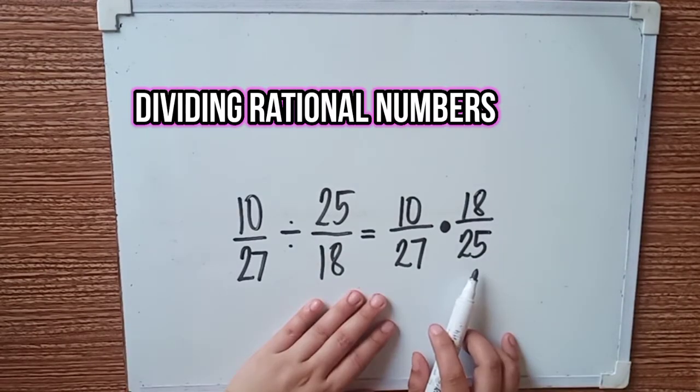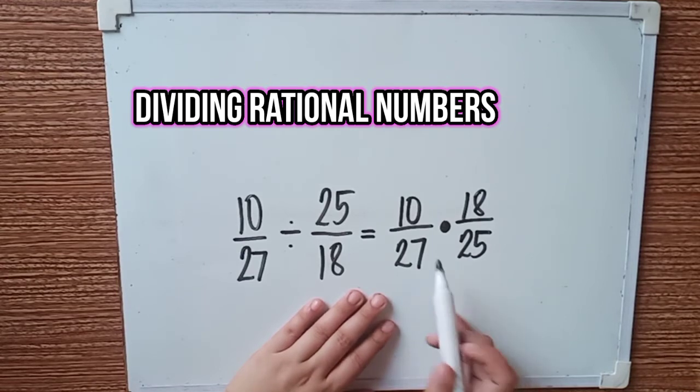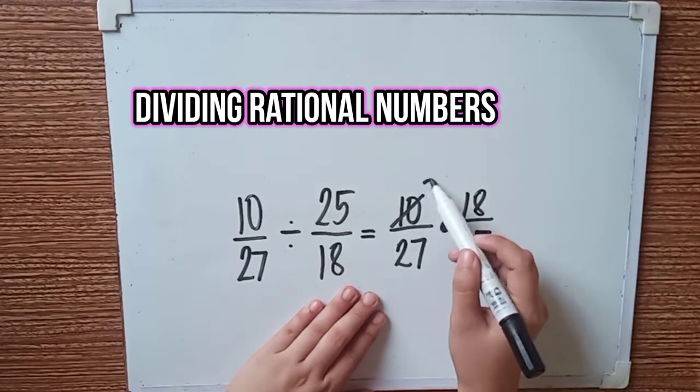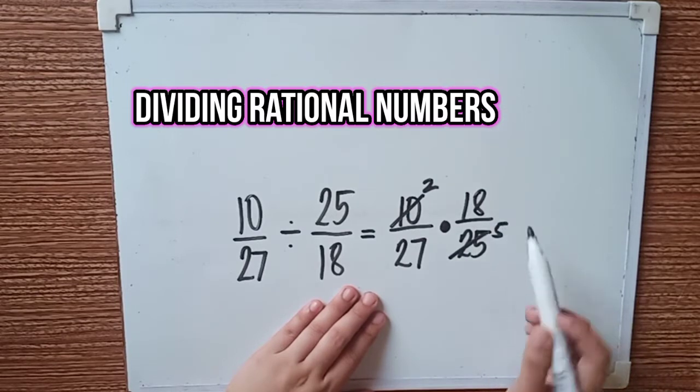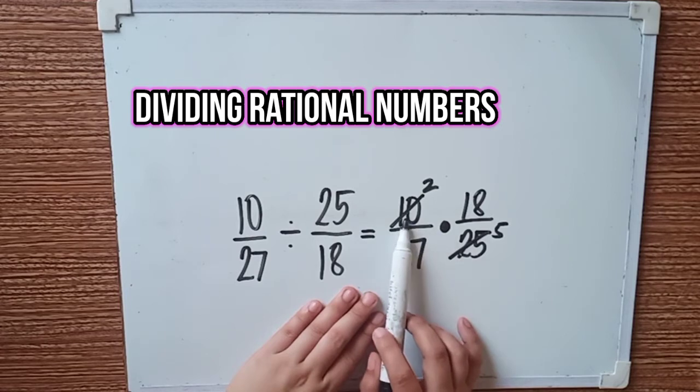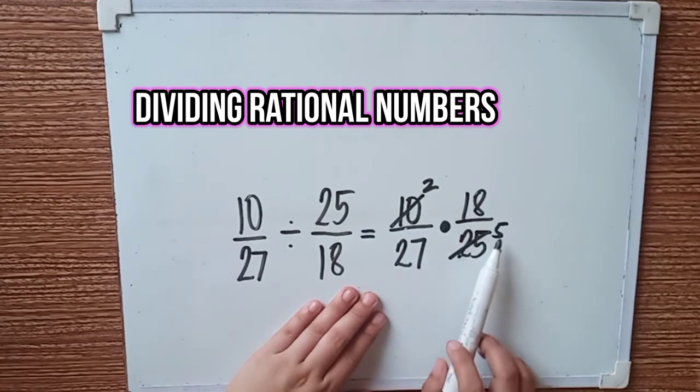The easiest way to multiply this is to simplify. For example, 10 and 25. We can simplify 10 and 25 as 2 and 5 because their greatest common factor is 5. 10 divided by 5 is 2 and 25 divided by 5 is 5.